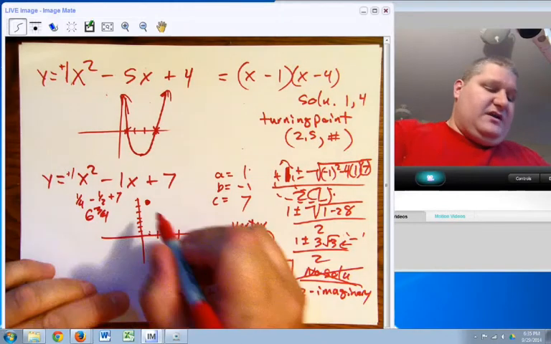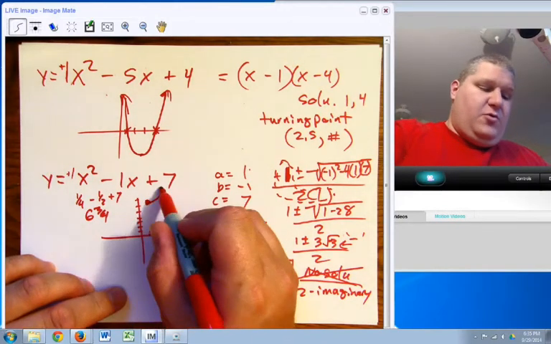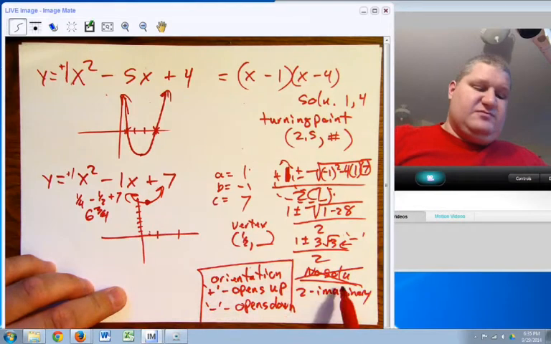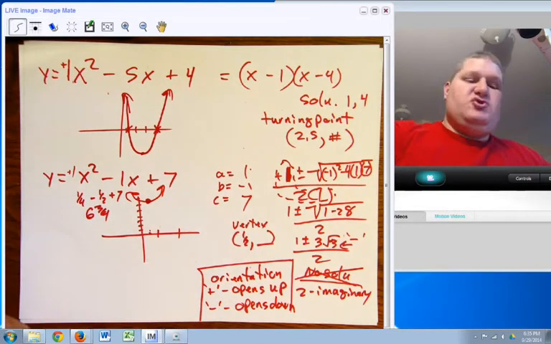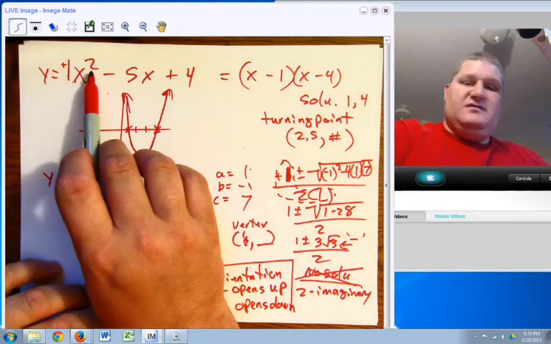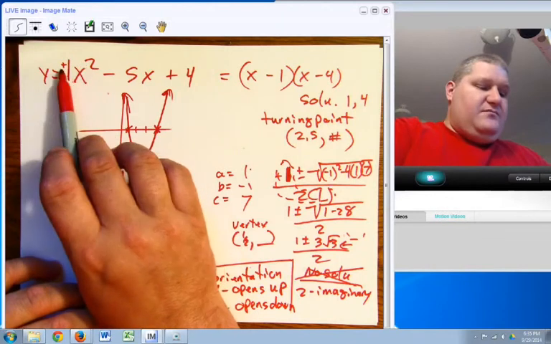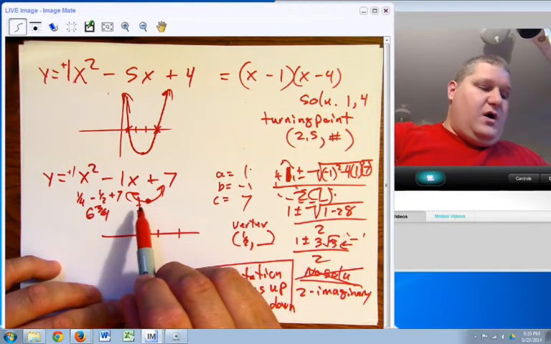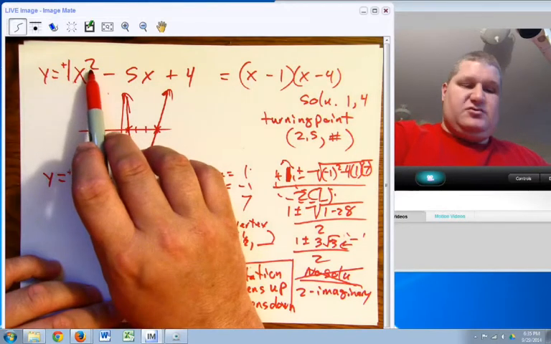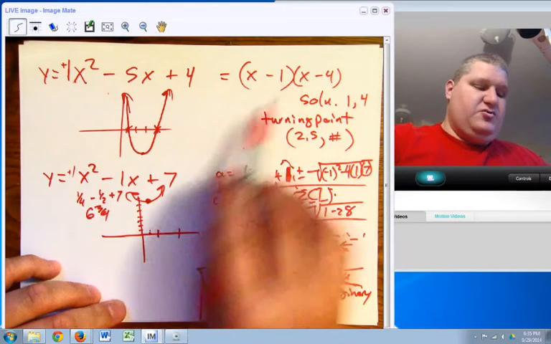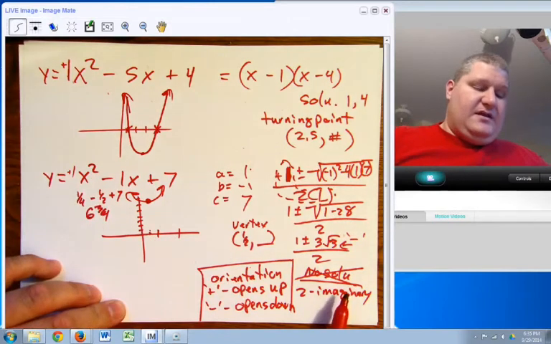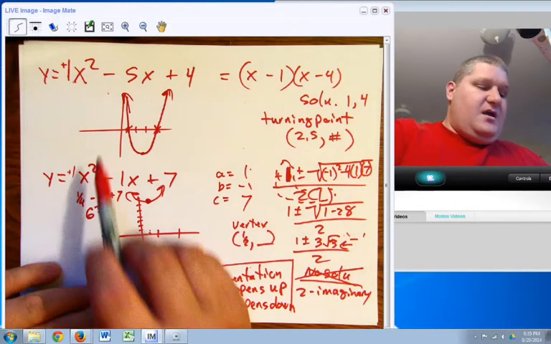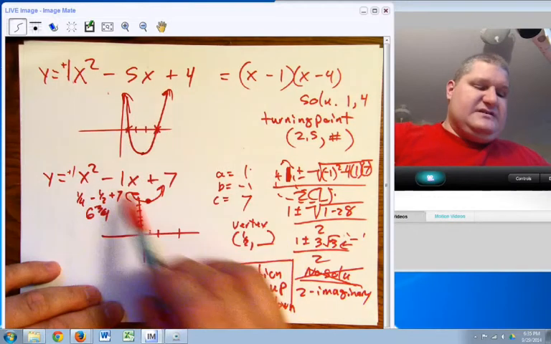So in our case, we have a vertex here, we know it opens up, and that makes sense because we have no solutions. So by looking at the power of the leading term, the sign of the leading term, we can tell a number of key things. One is the number of possible solutions. In this case, square meant 2. Here, square meant none, no real solutions. Positive meant up. Positive meant up.